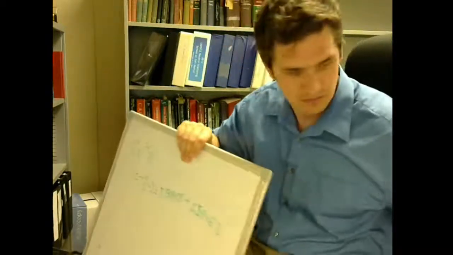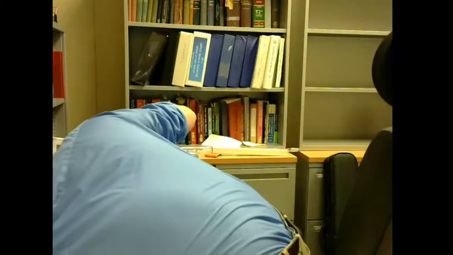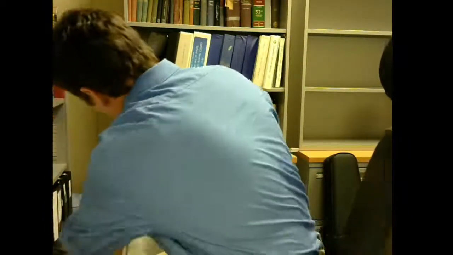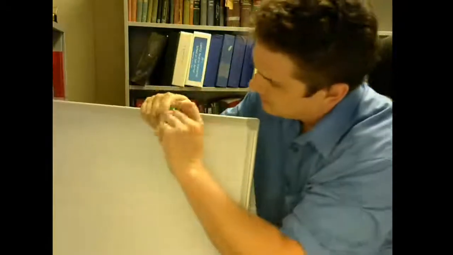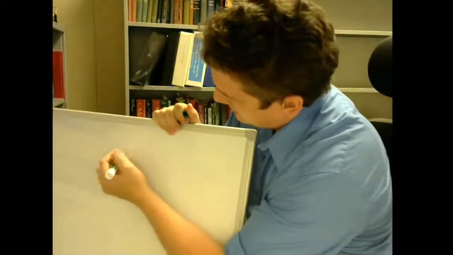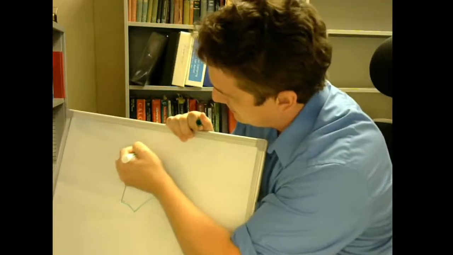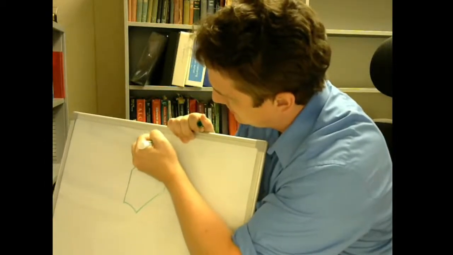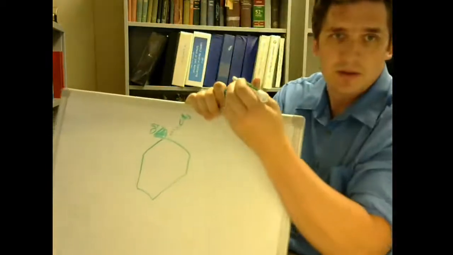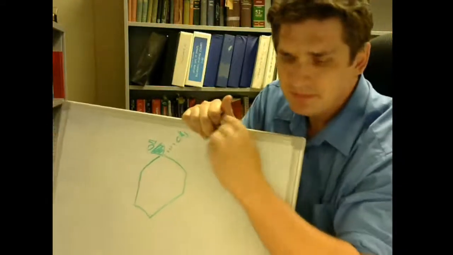So number 1, there is no chirality because there's no chiral centers. So if we look at number 1, we have an OH and a CH3.